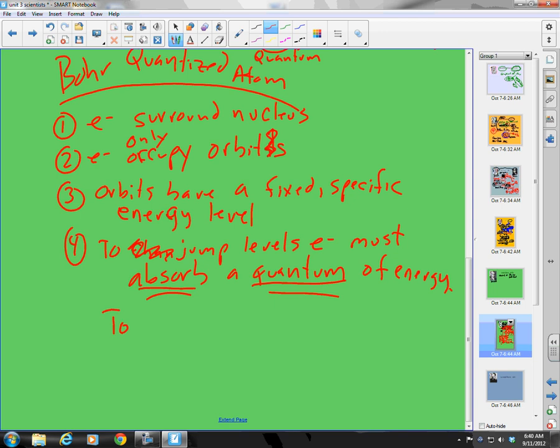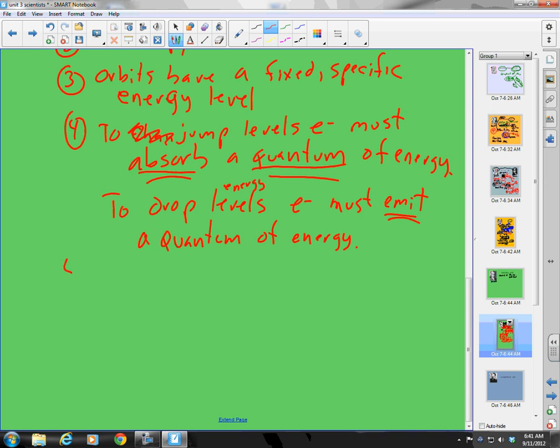To drop energy levels, we'll make sure we clarify that, energy levels, electrons must emit, right, a quantum of energy.